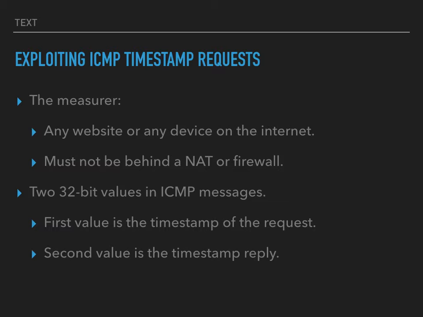The ICMP timestamp reply message will contain two 32-bit values generated by the fingerprinting. The first value is the timestamp of the request, and the second value is the timestamp of the reply.